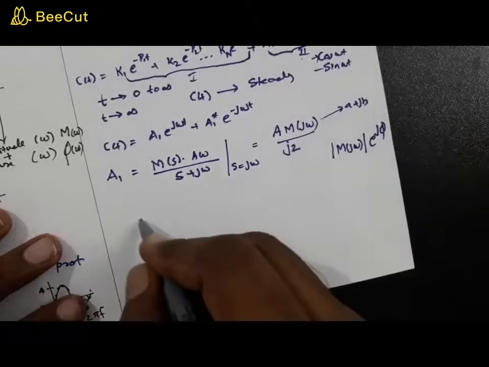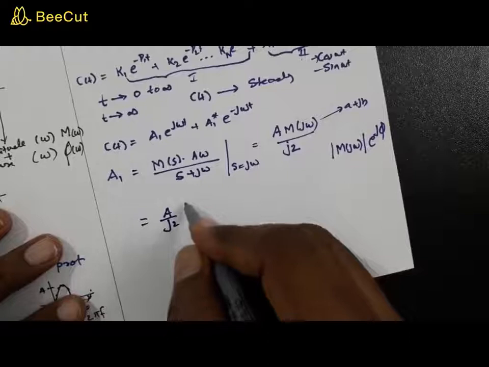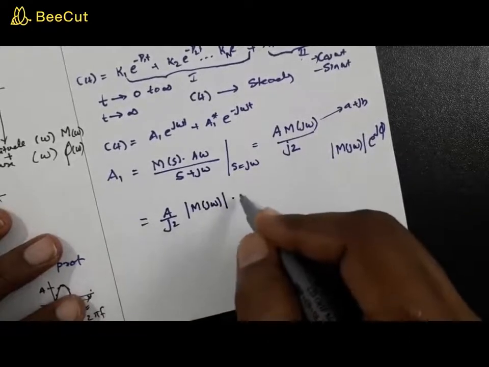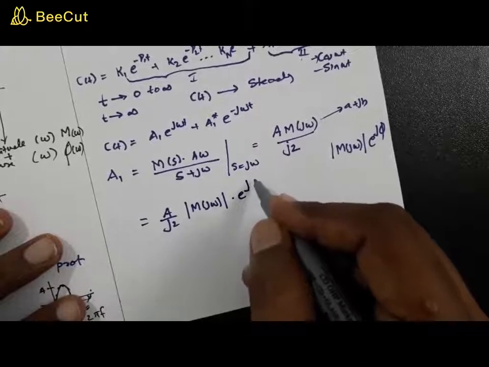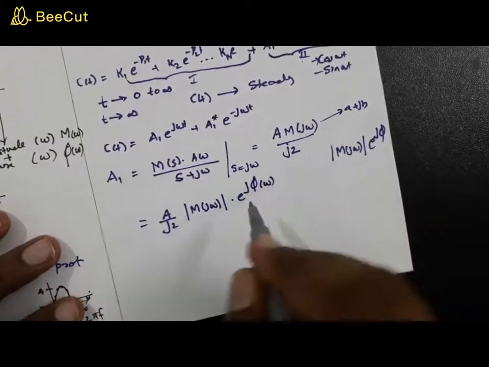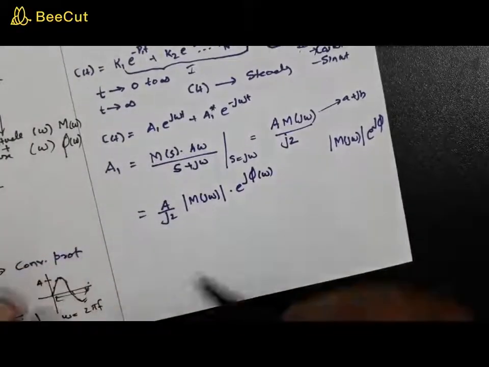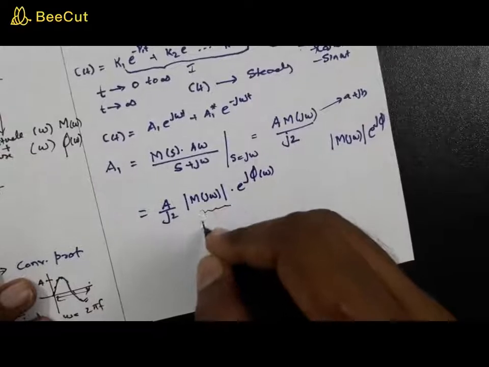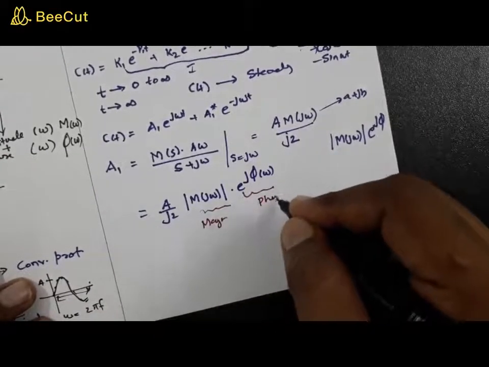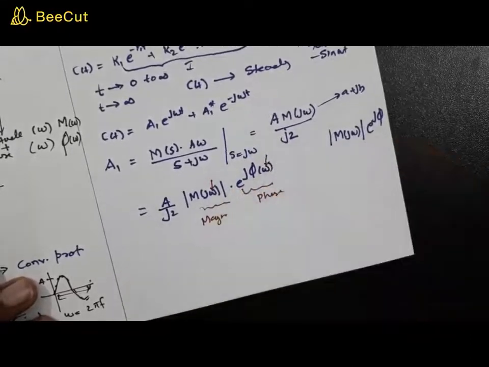So you will be getting A by j2 into magnitude of M of j omega into e raised to j phi of omega. As I told you earlier, this one is your magnitude and this one is your phase. The magnitude depends on frequency, and phase also depends on frequency.